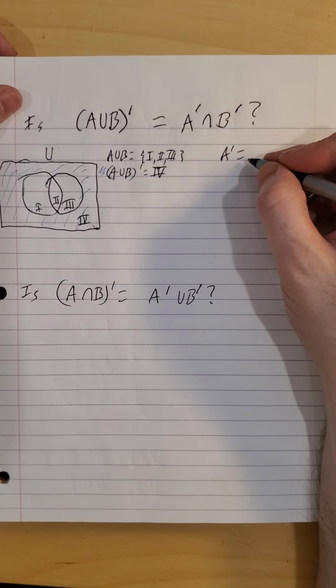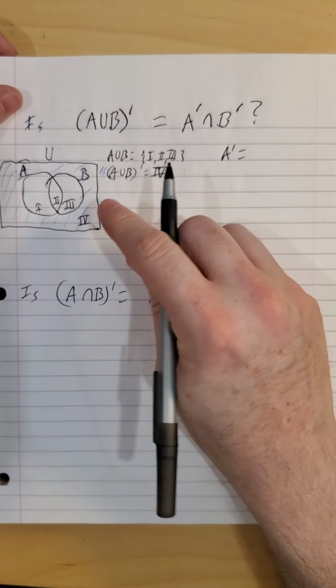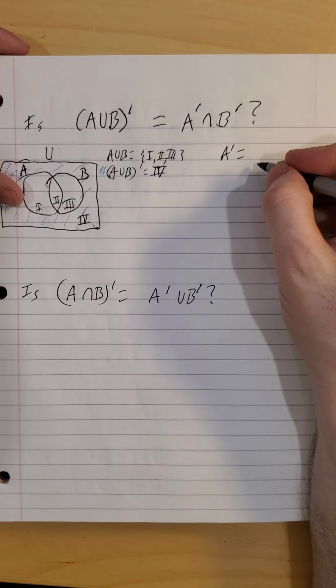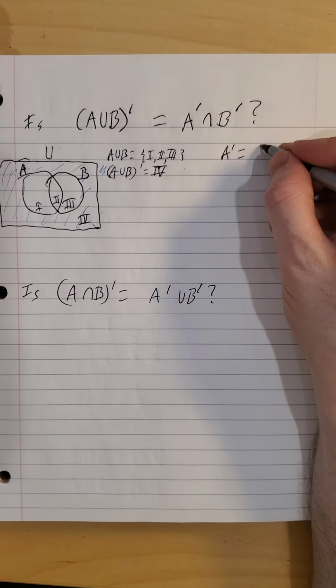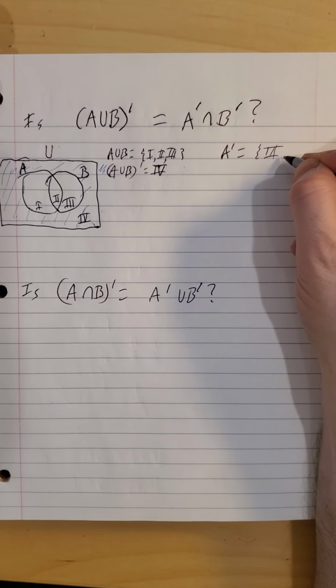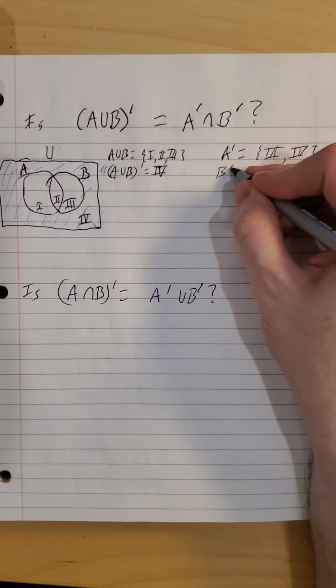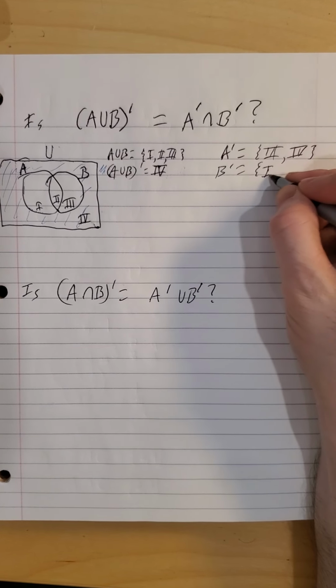A complement, things that are not in set A. I do need the labels of A and B in there. A complement would be everything outside of circle A, so 3 and 4. B complement, everything not in circle B, so that's 1 and 4.